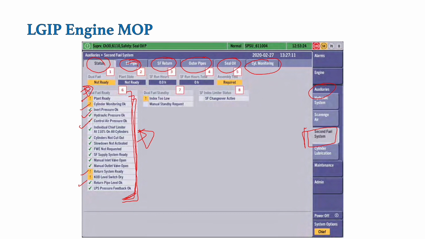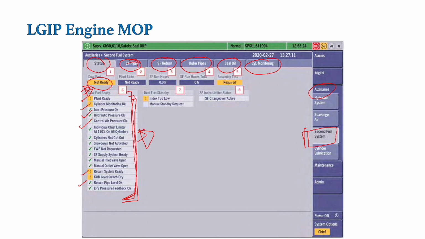I have already told you that when the conditions are met, this status will change to ready status. Then by clicking on the ready button, or the dual fuel ready button, and then pressing the start button, the process of changeover will start. We will see how the changeover takes place.